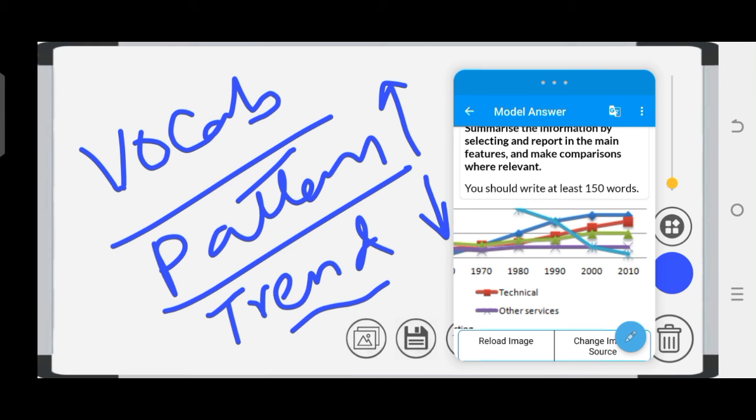Now you understand this, so these same tips will be applied on all different types of task 1 topics that will come. You can apply the same thing on the pie chart, you can apply the same thing on the double line graph or a table. You know, there are 6 to 7 different types of exam questions that come in writing task 1 for academic. So I hope you do understand.